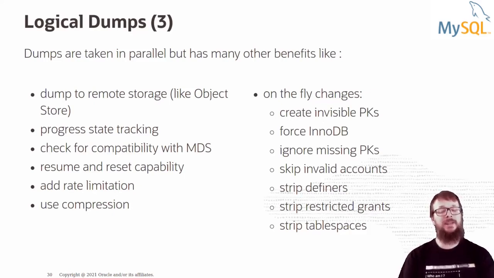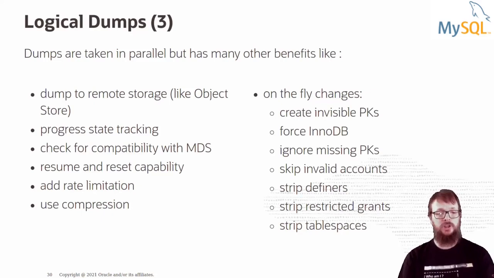There is compatibility checking for people who want to move to MDS, so you can check the compatibility of your data and make modifications if you want. You have resume and reset. You can add a rate limitation, so if you see that this is hammering your system too much, you can slow down.